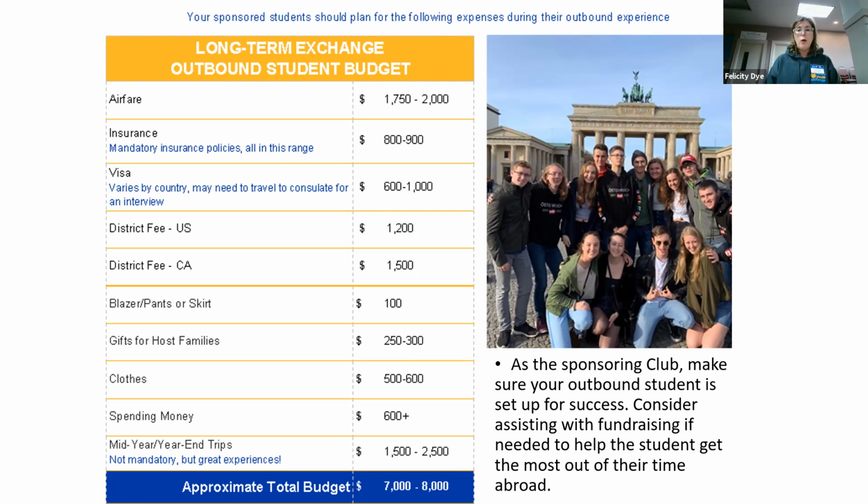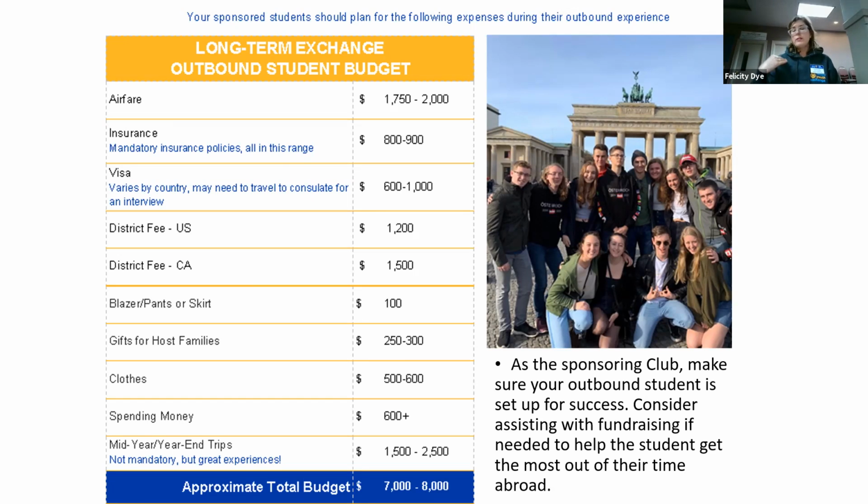The outbound district fee is $1,200. So that's what the student pays to the district. And then other incidentals, which come and go. The other big item is pretty much everywhere your outbound student will go, they will have some sort of big trip.